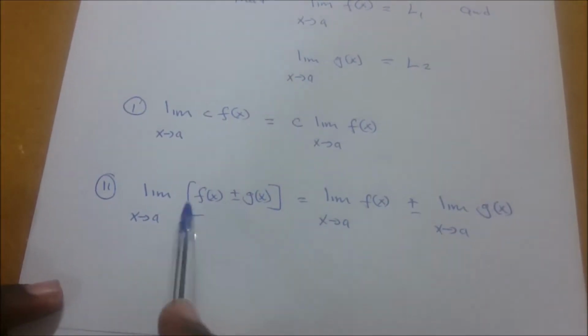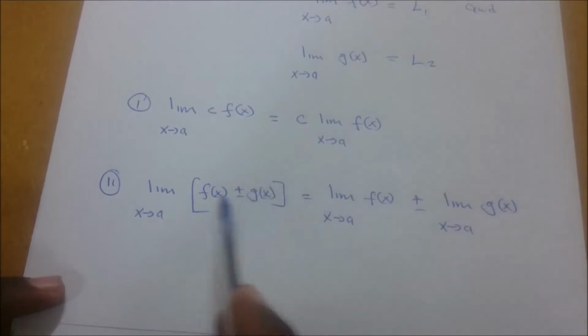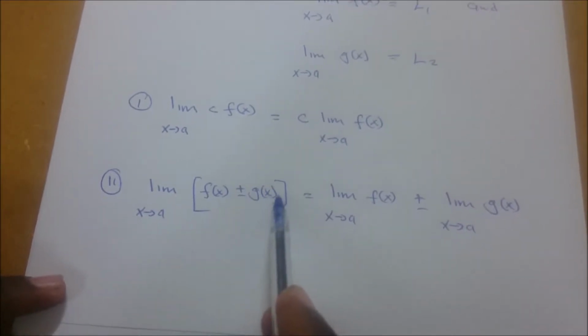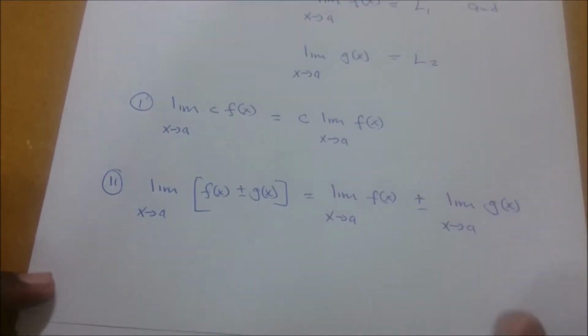So what you do is first you find the limit of the first, you add or subtract the limit of the second.